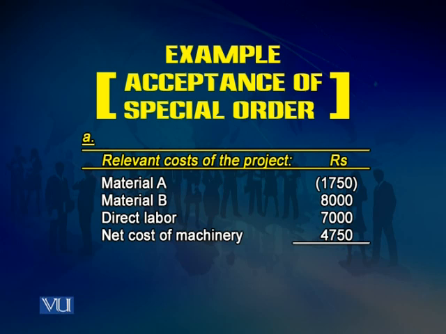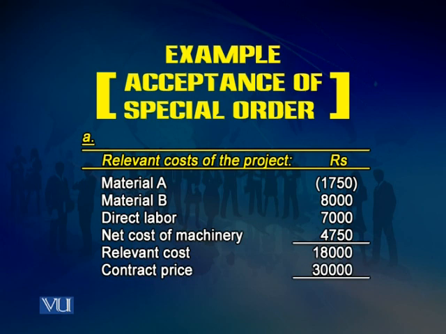So the relevant cost of machinery is the net cost of 4,750, which would be incurred having acquired the machinery and disposed of it at the end of the project. In this way, the relevant cost is 18,000, and the contract price, we were told, is expected to be 30,000. This gives a contribution of 12,000.